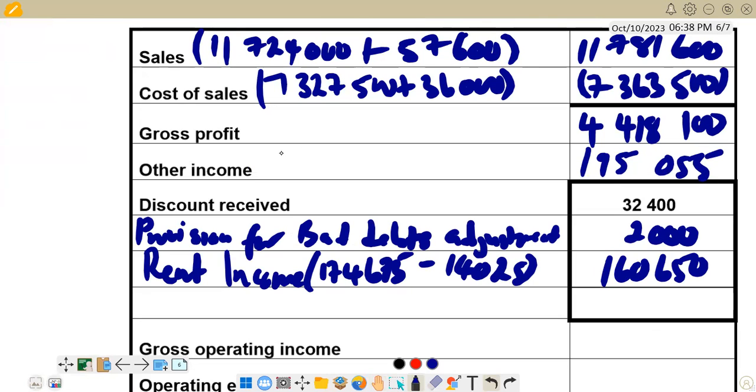So remember here, what we do is we say gross profit, we add other income to get the total for gross operating income here. So if we say 4,418,100 plus 195,055, let's try to add the two and find the actual total that we get there.